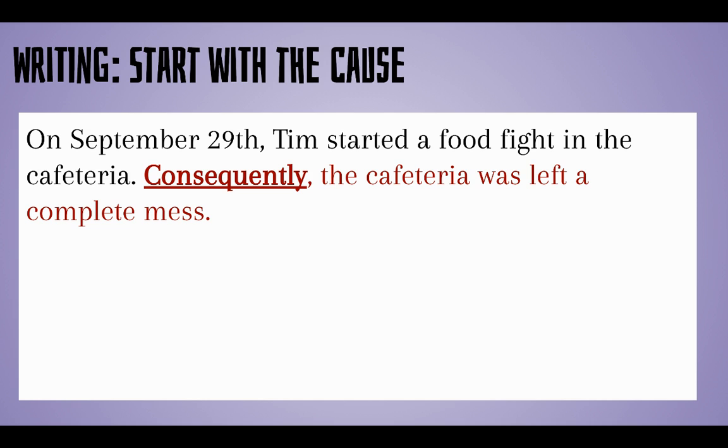On September 29th, Tim started a food fight in the cafeteria. Consequently, the cafeteria was left a complete mess. That word consequently shows the relationship between those two sentences. It shows my readers that the sentence that's in red is an effect of the sentence that is in black.